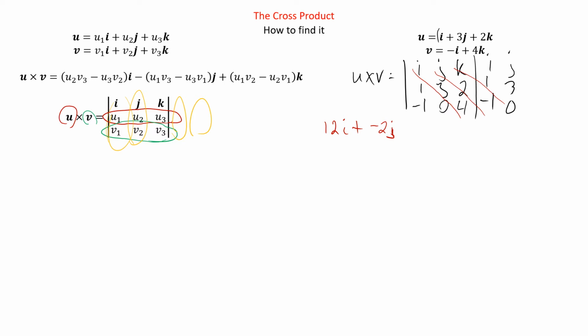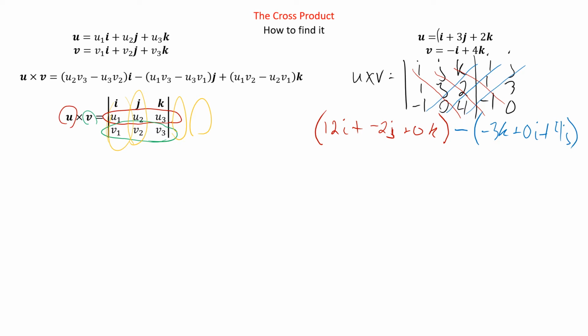We wouldn't have to put anything, but I'm going to put plus 0k just so that we know it's there. And then minus, we're going to do these diagonals. So we have negative 1 times 3 times k is negative 3k plus 0 times 2 times i is 0i plus 4 times 1 times j is 4j.